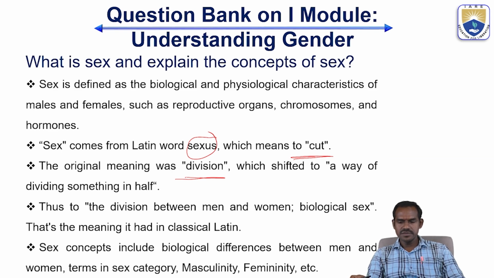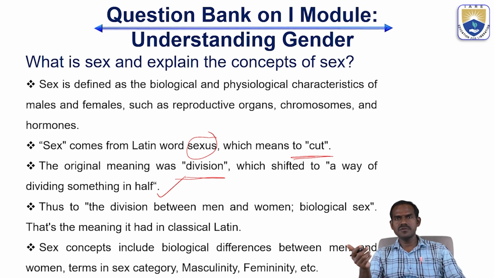It shifted to a way of dividing something in half. Gender is divided in half: half of the part is contributed by male and the remaining half by female. That is why the original meaning, division, shifted to a way of dividing something in half.